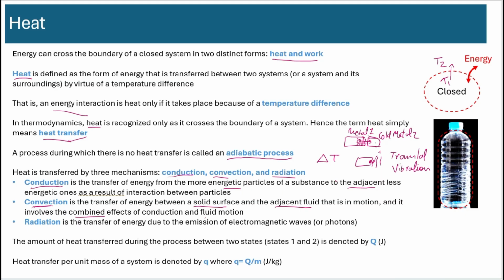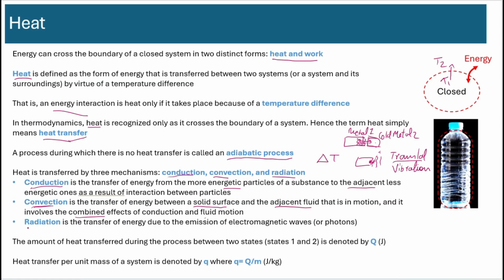And convection itself can be natural convection or forced convection. Natural convection means the molecules are moving away only due to buoyancy effects or the difference in density. Forced convection is when you have a fan or other means of forcing the air or gas to move, to increase the translational energy transfer.